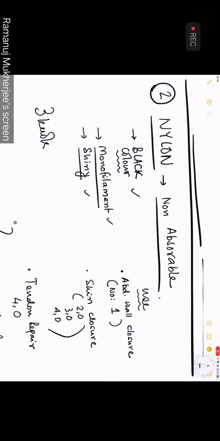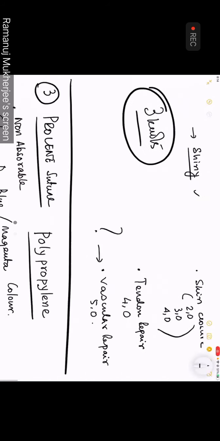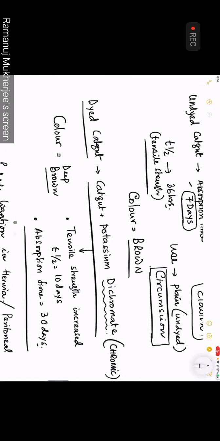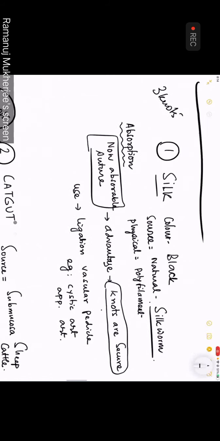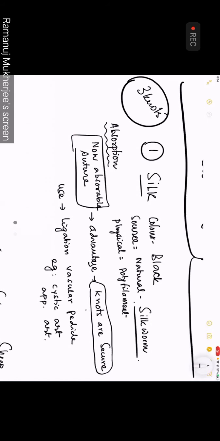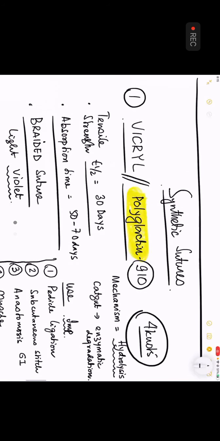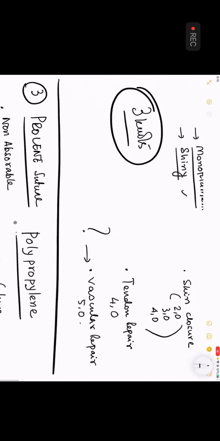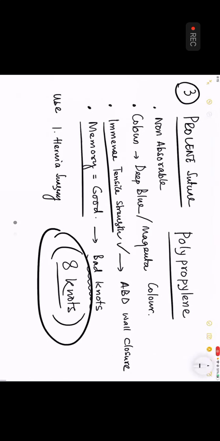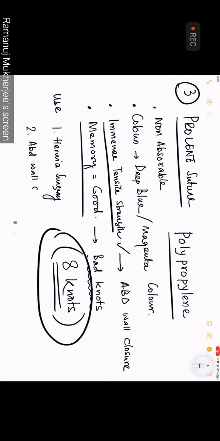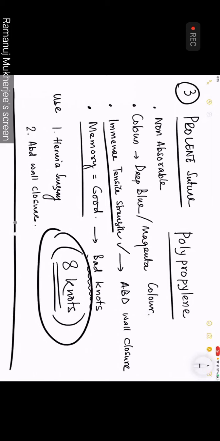I should have said that. So on an average, remember, we use 3 knots to tie a suture, except for Prolene, which takes 8 knots. Use is in hernia surgery. The next is abdominal wall closure. This completes the list.